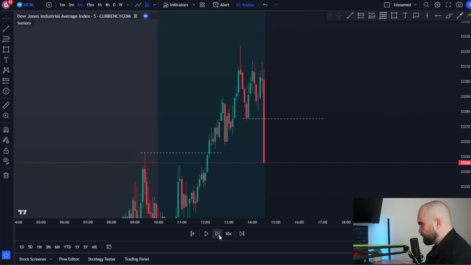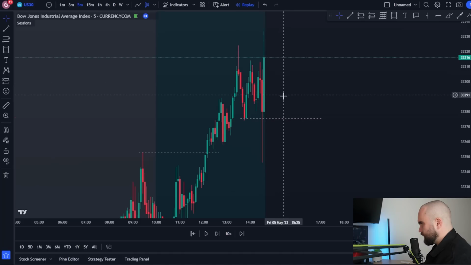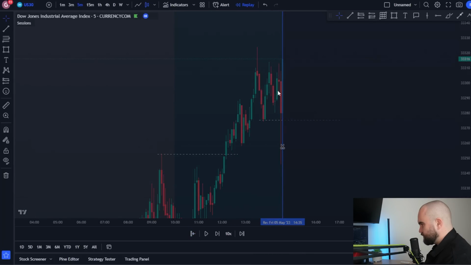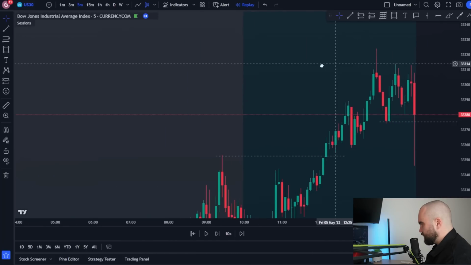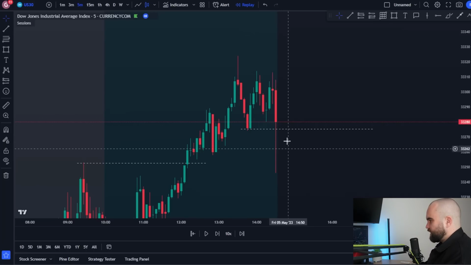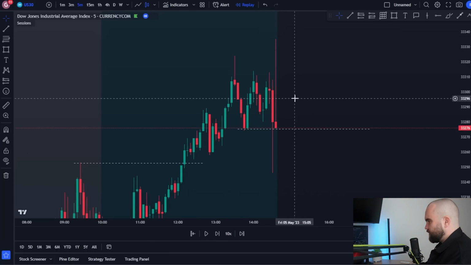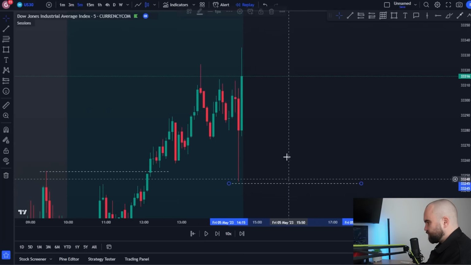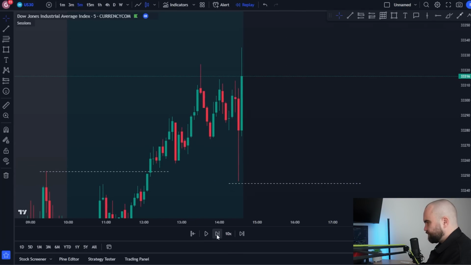Let's see. Oh, okay. So this candle, if we go back one, this candle did really break structure, but obviously there's no third candle that will give us a gap. So we are now waiting for price to break.